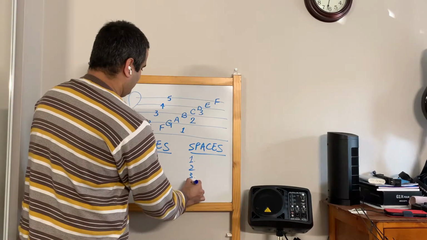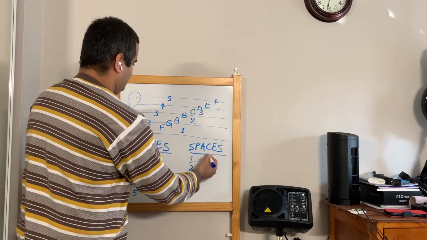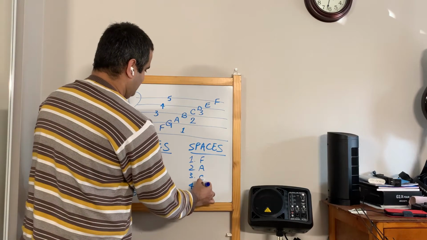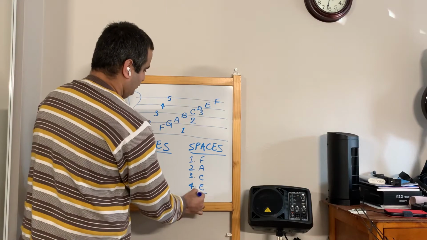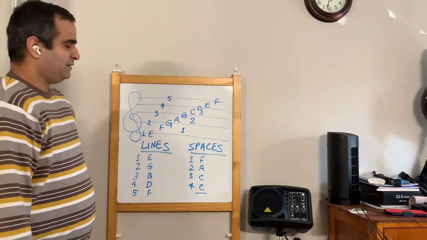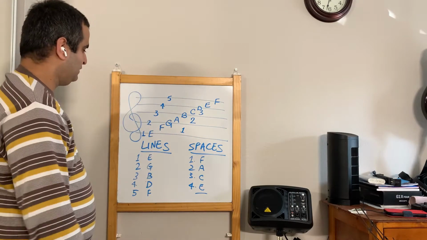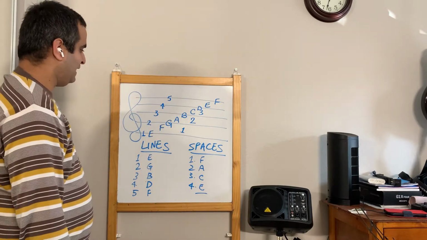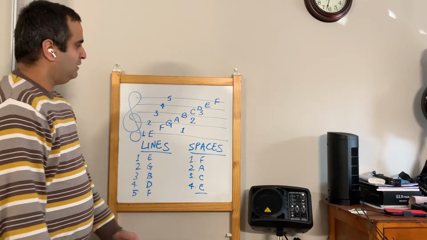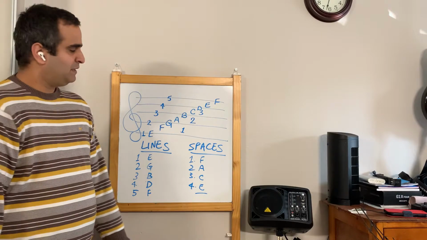It's very easy to remember spaces: F, A, C, E. Typically, if you look at it, it's called face, right? It's easy to remember, right? It is important to remember these lines and spaces. It's going to help us read musical notations pretty quick.